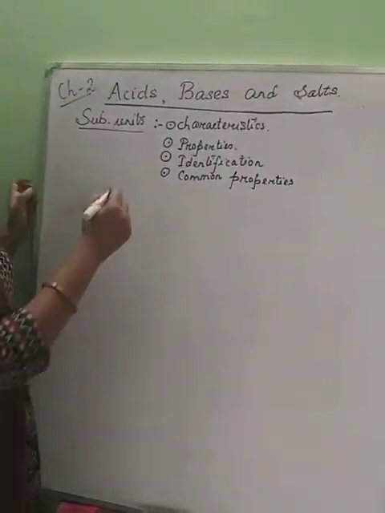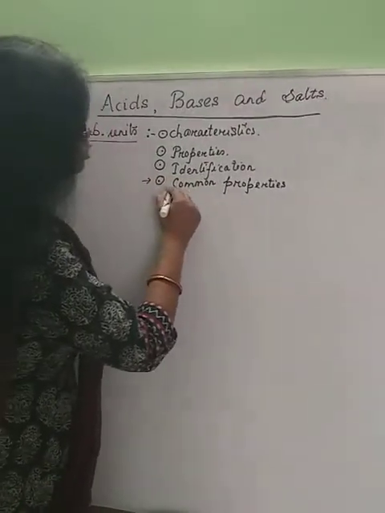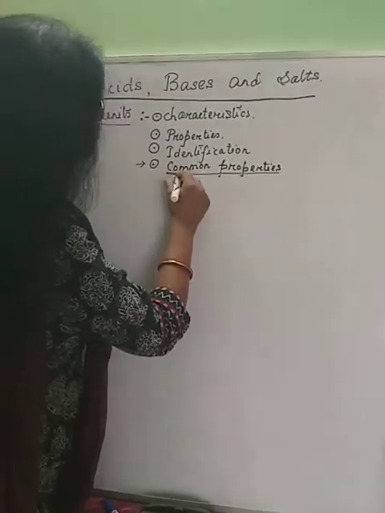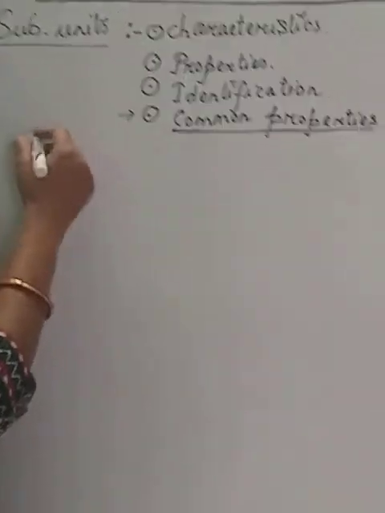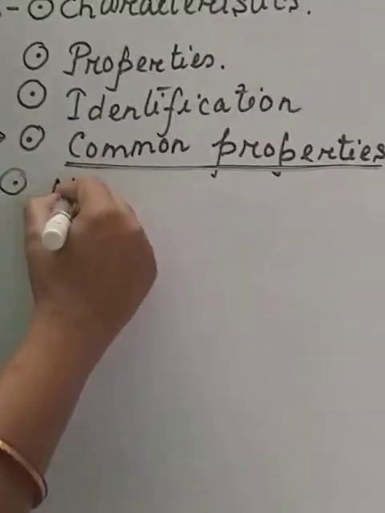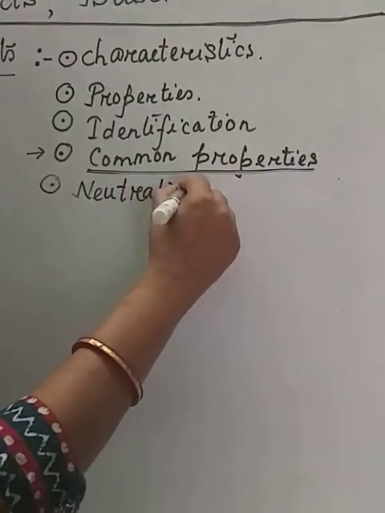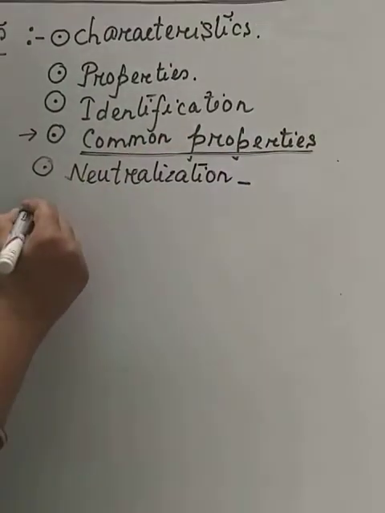So it sounds something different, but acids and bases do have some common properties. We will see what the common properties of both acids and bases are. And then the neutralization, that is formation of salt.